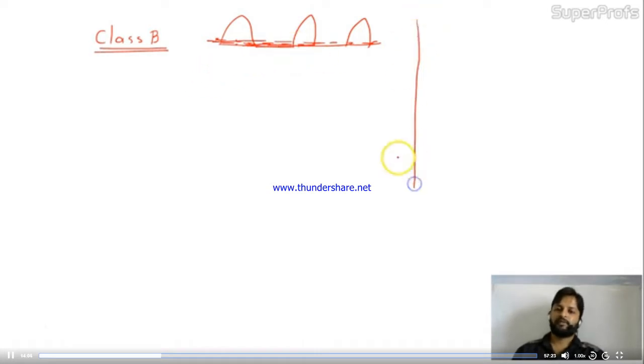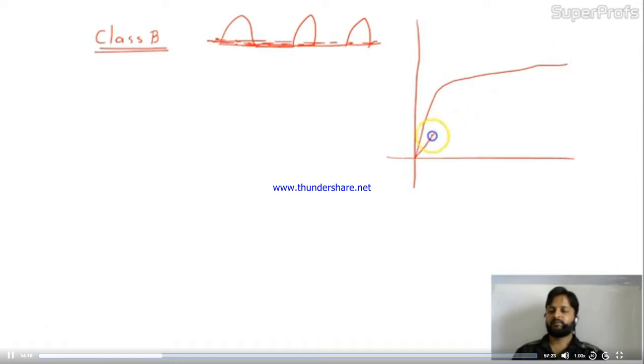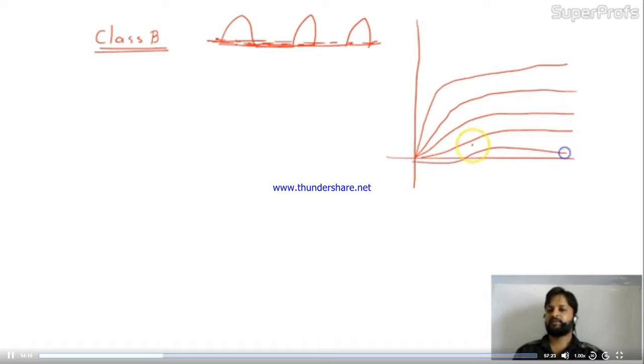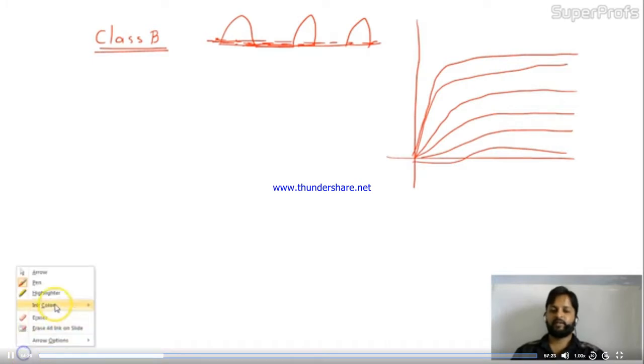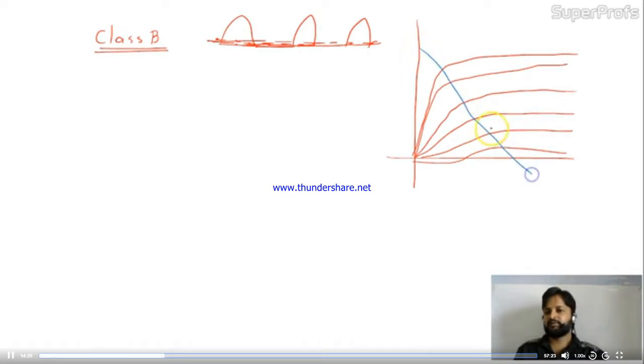Let me draw again the output characteristic of the BJT. Now here I'll take the AC load line. This is the load line. For the Q point at the middle, you have class A amplifier. Over here, you have class B amplifier.